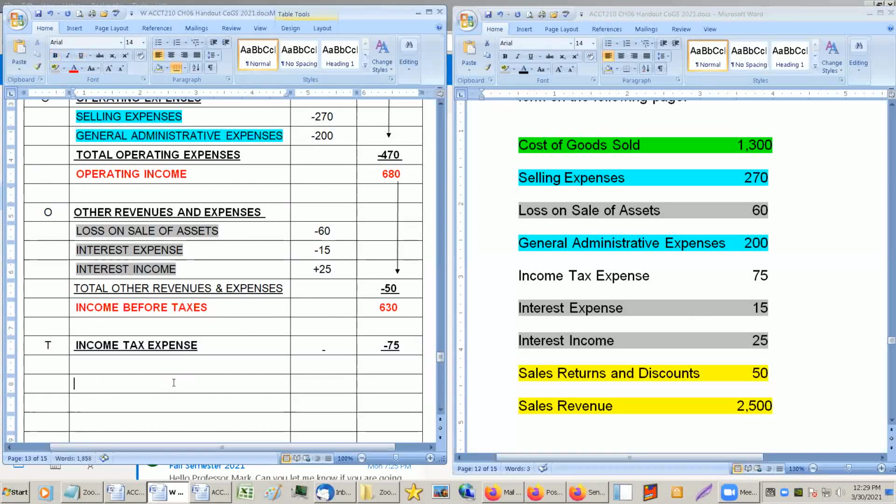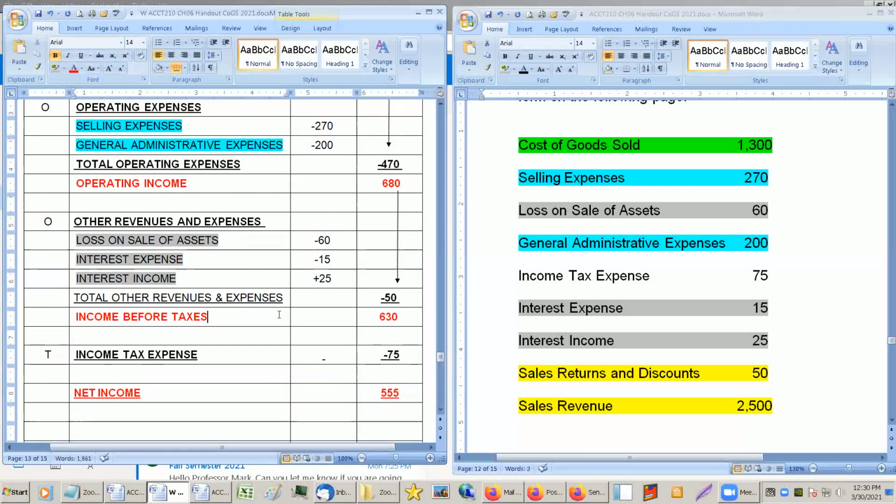And this will give us our net income. So 630 minus 75 equals 555. So this will be the net income.